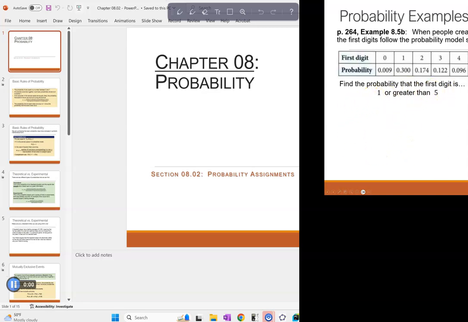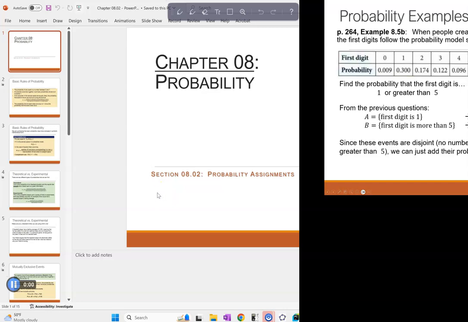We calculated both of those two things earlier. So we can just add those two together and get 0.521. Everybody's okay with this?